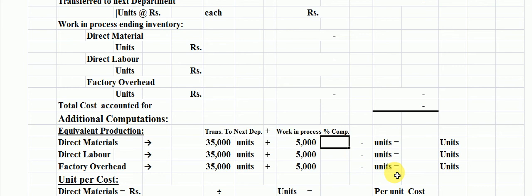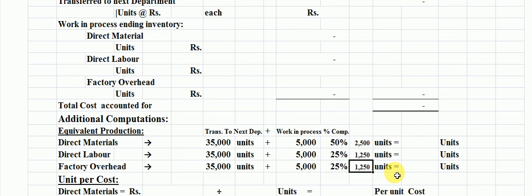The degree of completion is 50% as material, 25% as direct labor and 25% as factory overhead. Now the degree of completion in work in process, ending inventory, is 2,500 units as material, 1,250 units as direct labor, and factory overhead units are 1,250 units.